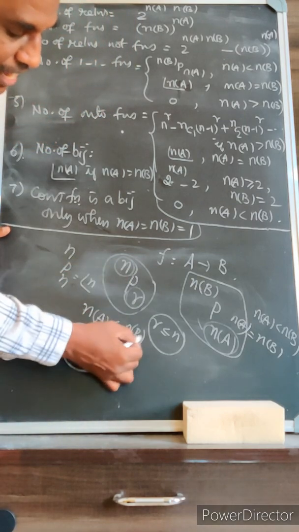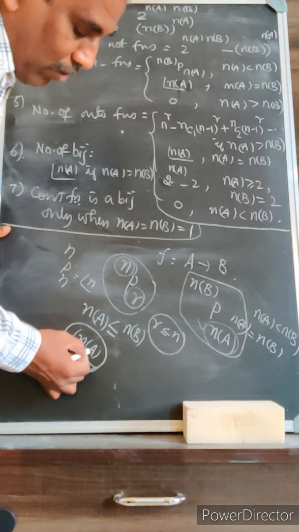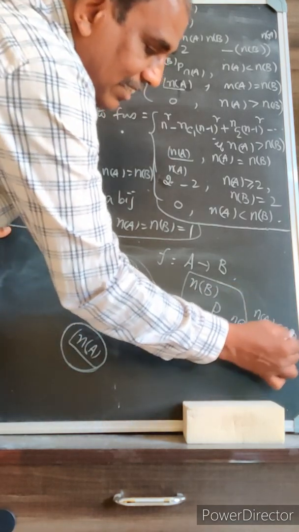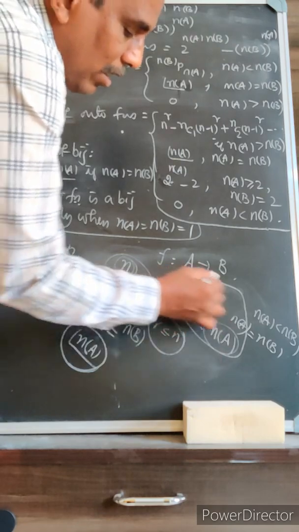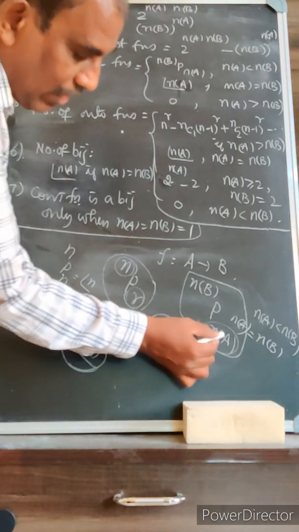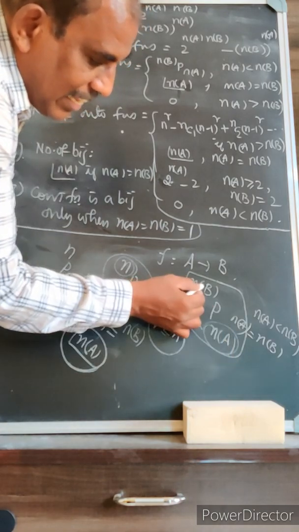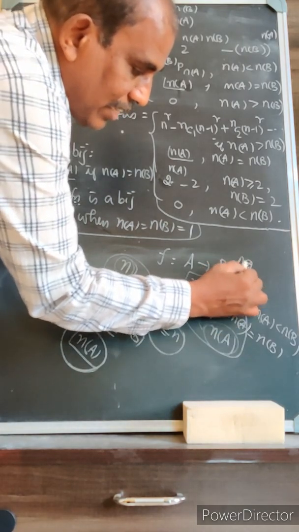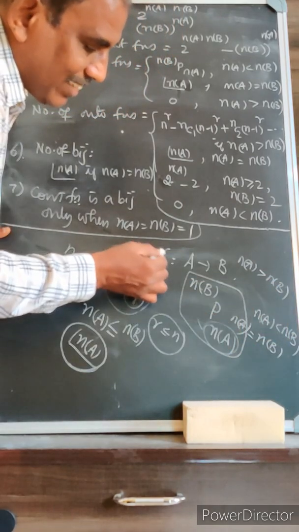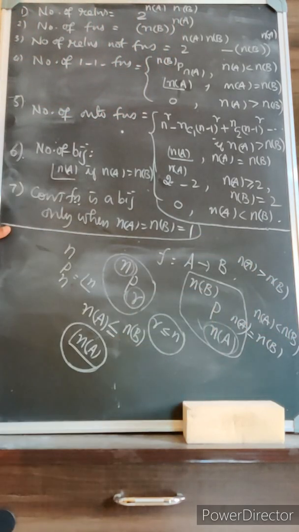So, when n(A) and n(B) are equal, the number of 1-1 functions is n(A) factorial. When n(A) is less than n(B), the number of 1-1 functions is n(B)P n(A). If n(A) is greater than n(B), then 1-1 functions cannot exist from A to B.